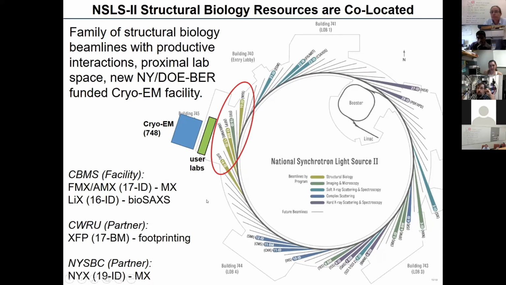One of the things that this co-localization allows, and I'm going to say a little bit more about this later, is easy use of multiple techniques to answer questions. Somebody will come in, do crystallography or solution scattering, and hear about what footprinting can do, and it offers an opportunity for them to easily get in touch with us and start doing it.